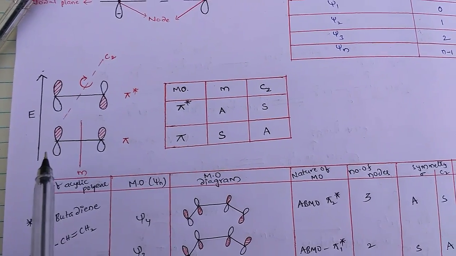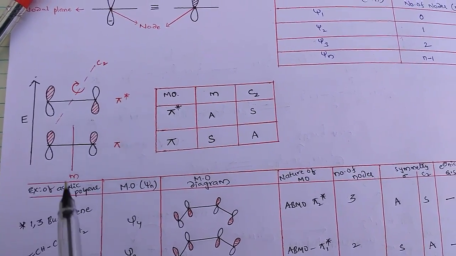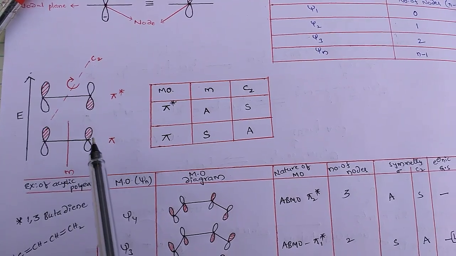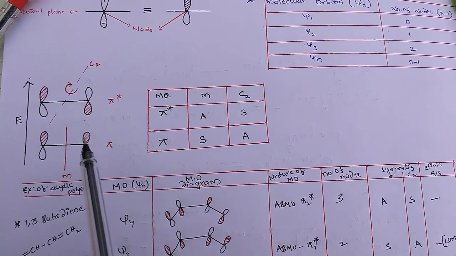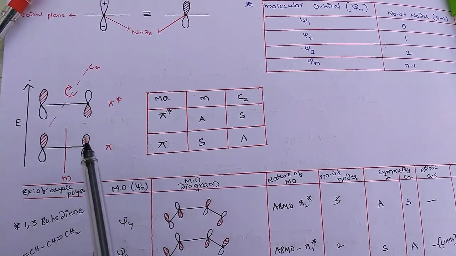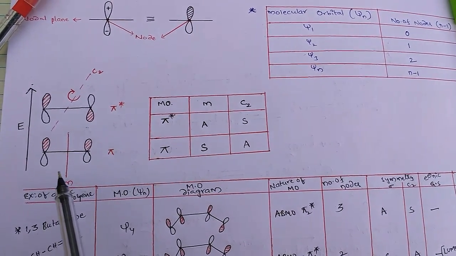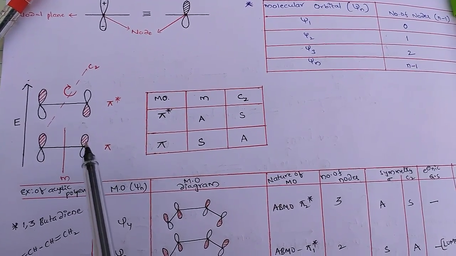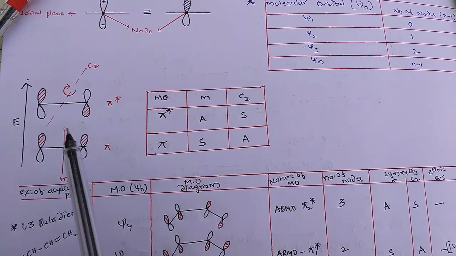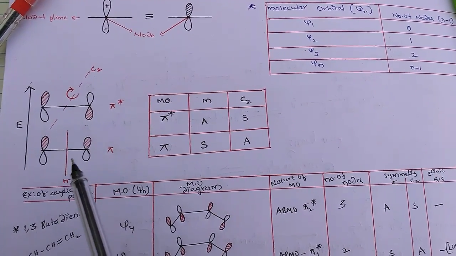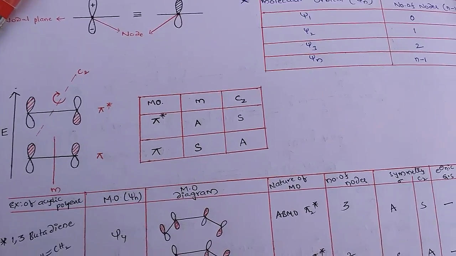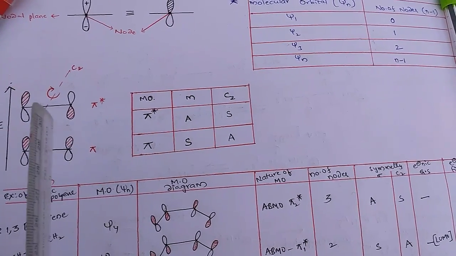So on the energy diagram, this is the ground state. In the ground state, these two lobes are on one side and the same lobes are on the same side. If you observe the ground state, we can consider one plane of symmetry.